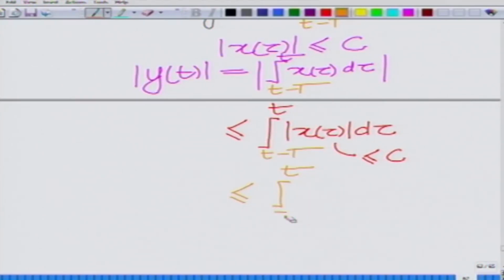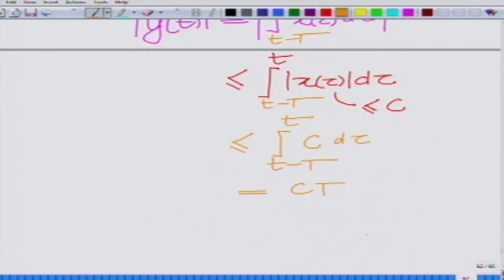So t minus T, that is an integral over a window. So this is less than or equal to the integral from t minus T to t of c d tau, which is equal to c T. And now you can set this as your quantity k.